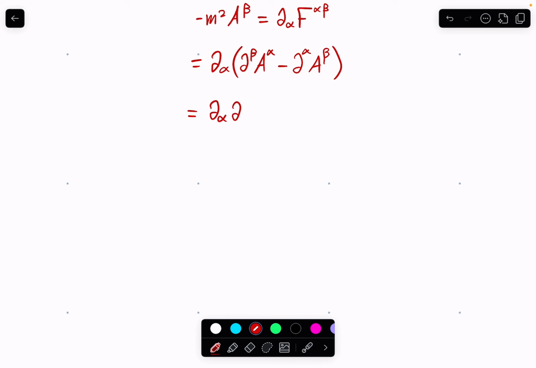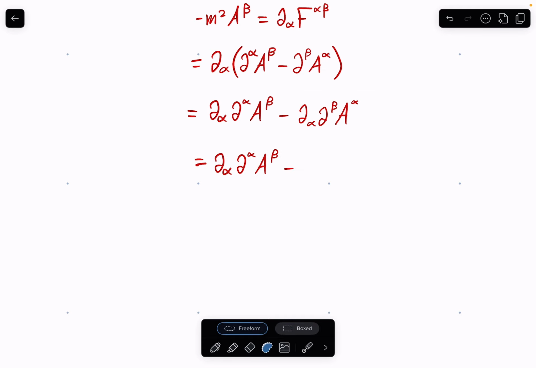Anyway, we can expand this. Partial beta, A alpha minus, oh, hang on. Wait. It's actually this. Okay, I should have just stuck to my notes instead of copying and pasting. I used a different sign convention there, so let's just continue. This is actually what it is. And you get this and then partial alpha, partial beta, A alpha.